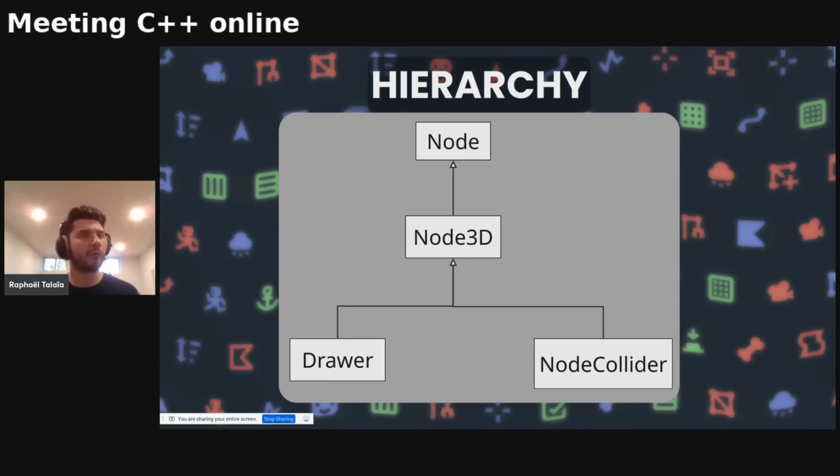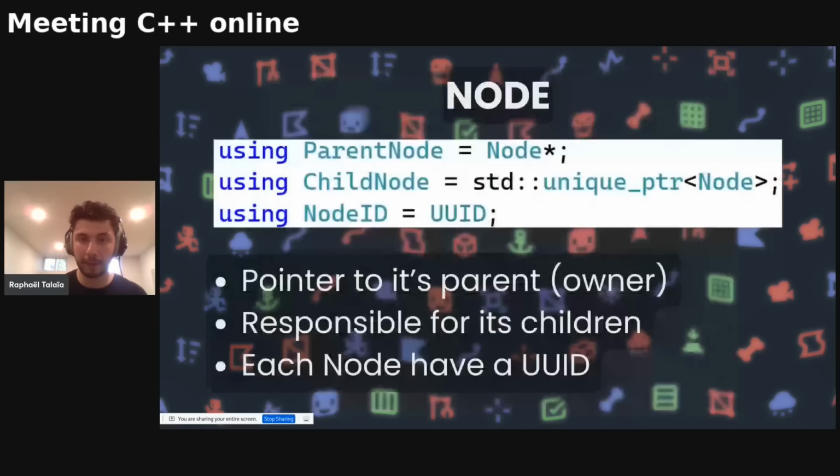For example, under Drawer, we have another node, Model, which loads a model and makes the rendering on screen happen for the model. And we have NodeCollider, which is responsible for interacting with our physics server, which I'm going to show later.